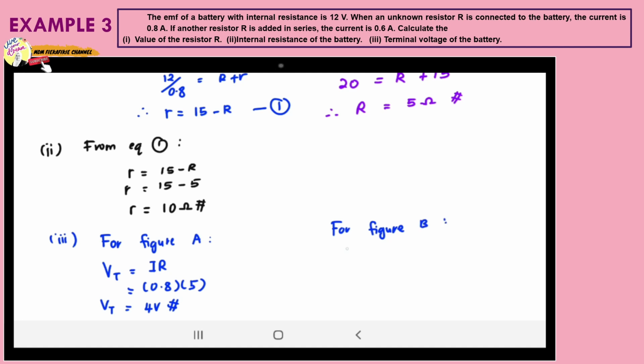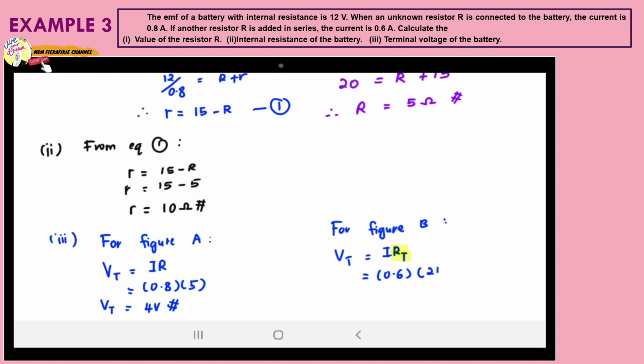For figure B, now V terminal is equal to I R total. So here I highlight R total because we have 2R in series. Okay, so we can substitute I, which is not 0.8. For figure B, remember I is equal to 0.6 and R total is 2R.